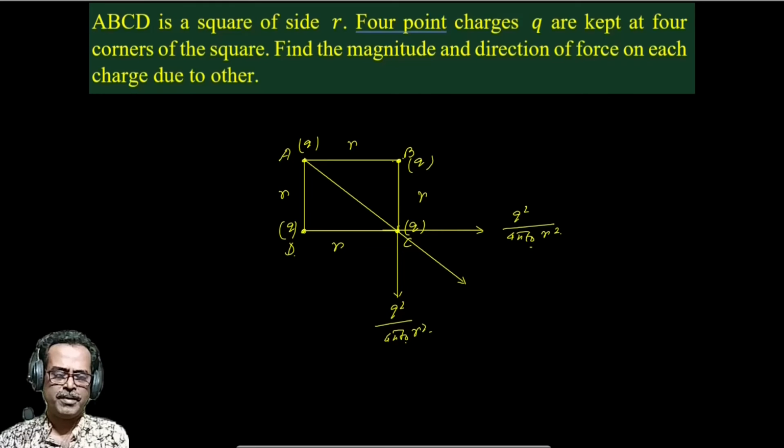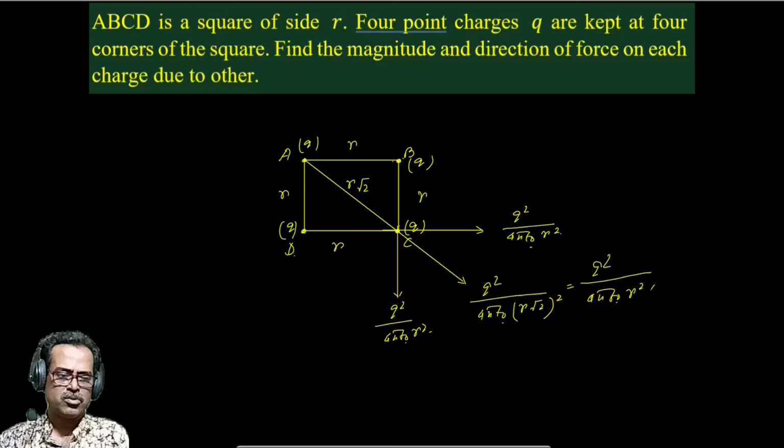And this will be, we know that length of the diagonal of the square is equal to R root 2. So this will be Q square by 4 pi epsilon 0 into R root 2 whole square, that is equal to Q square by 4 pi epsilon 0 R square into 2.